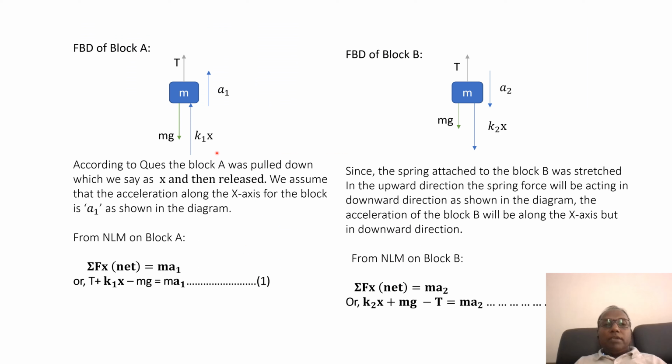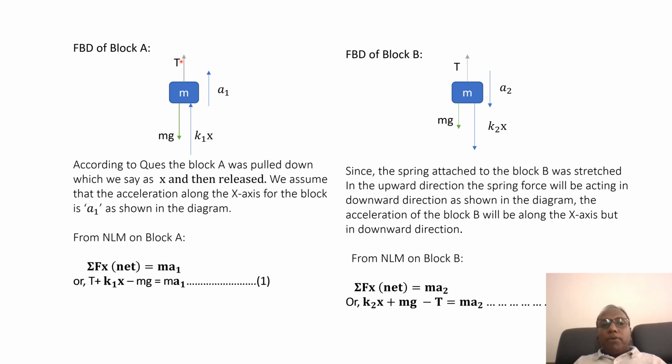So here is the free body diagram of block A, in which all the forces have been shown, which all forces are acting on it and in which directions. So mg is the weight of the block A, which is acting downward, which will always act downward. Since spring 1 was compressed, it will exert an upward force on the block, and the magnitude of that force will be K1x as per Hooke's law.